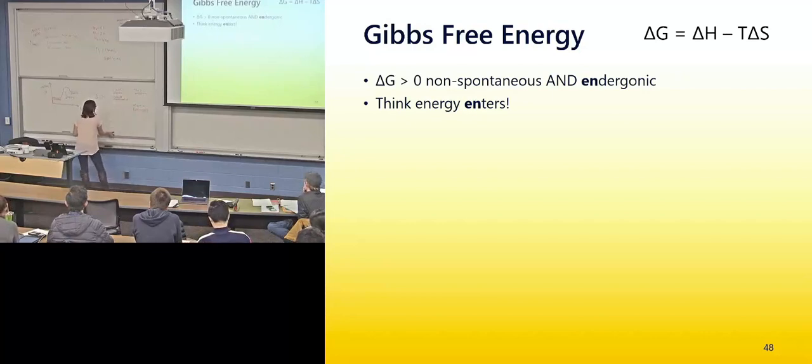And so the way to think through this one for yourself, delta G equals delta H minus T delta S. Okay. If this were a positive number and you were subtracting a negative number, subtracting a negative number is a positive number. This would always have to be a positive number. Okay.